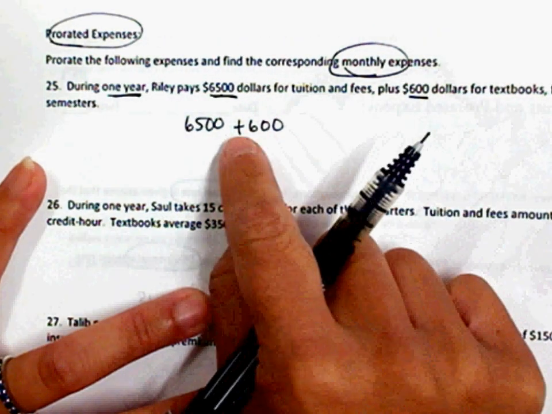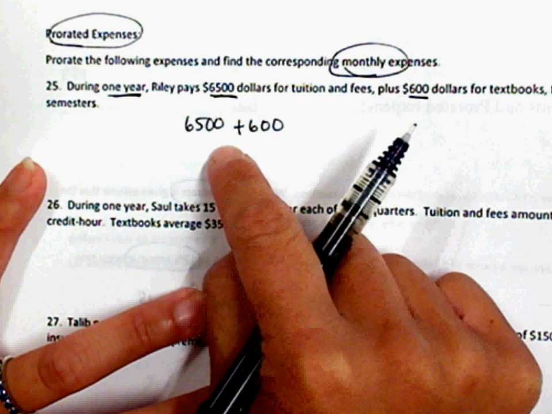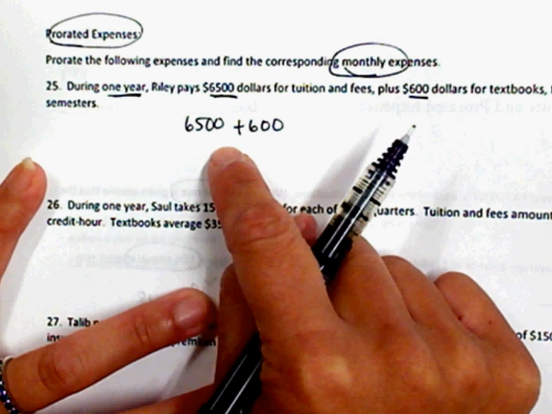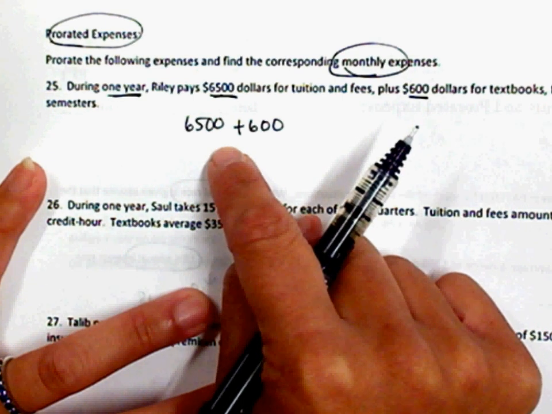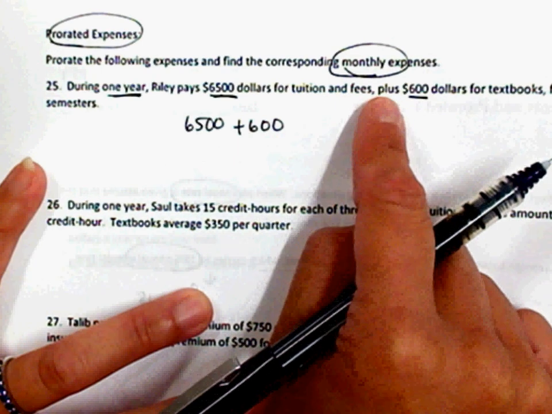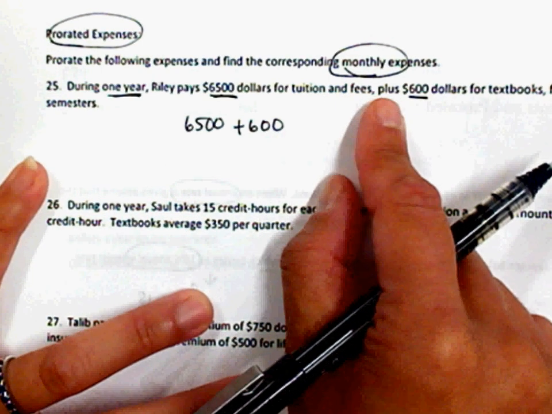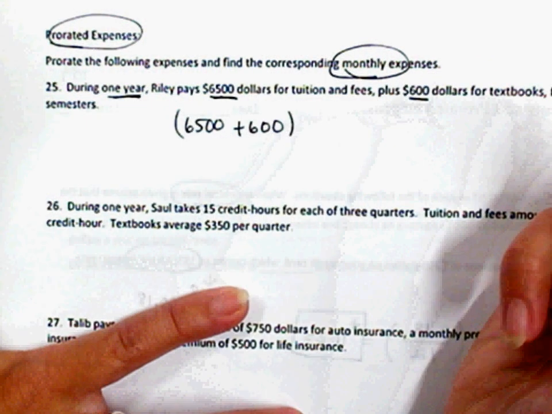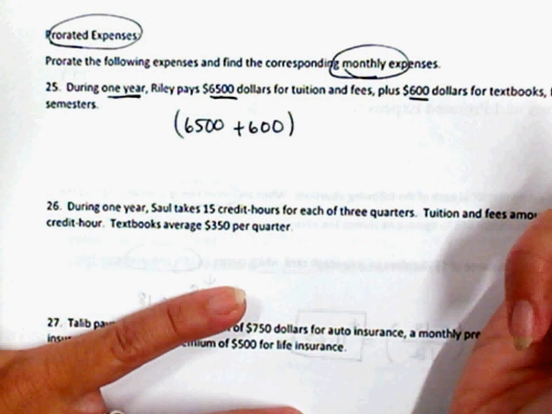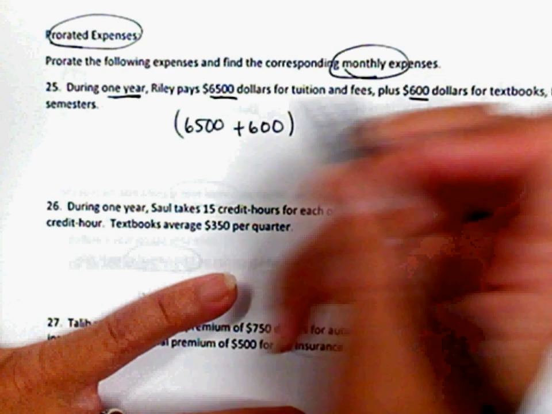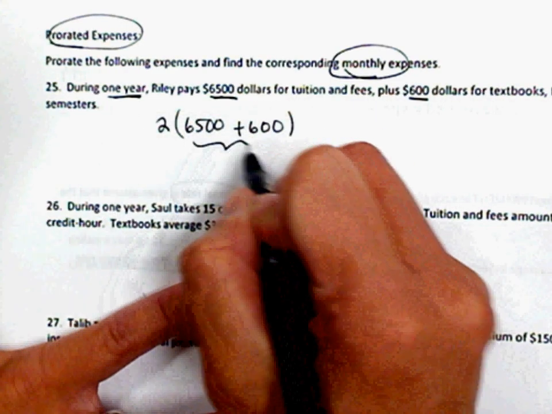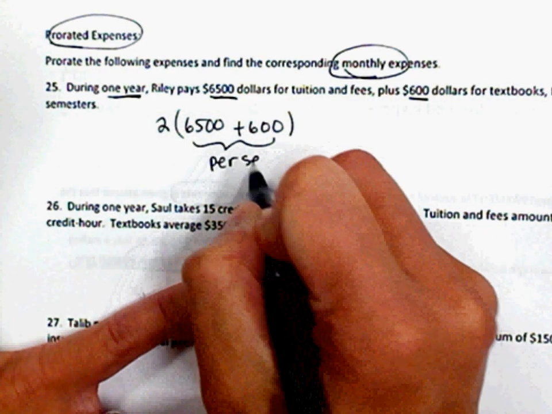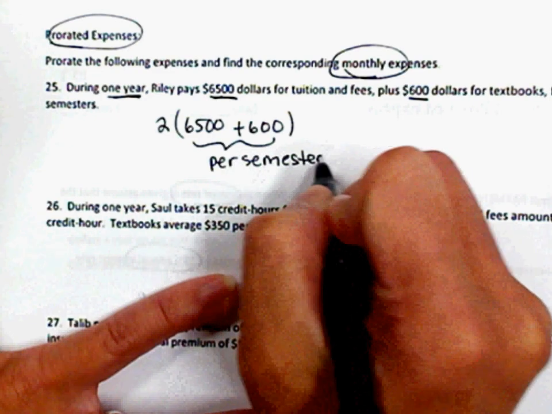And why am I adding them together? Oh, because it says plus. Okay? Yeah, because it says plus, I'm putting the costs together. Well, what am I going to multiply these two by, since I'm doing it for 2 semesters? Multiply it by 2, because this right here was per semester. You guys see that right there?